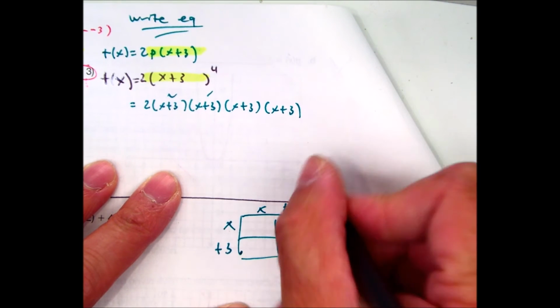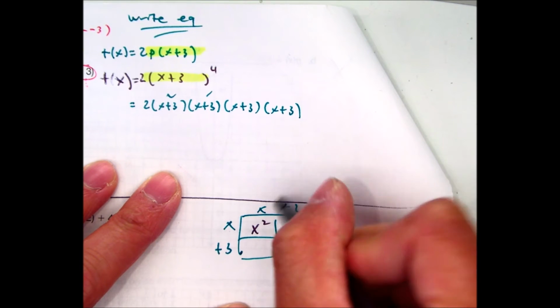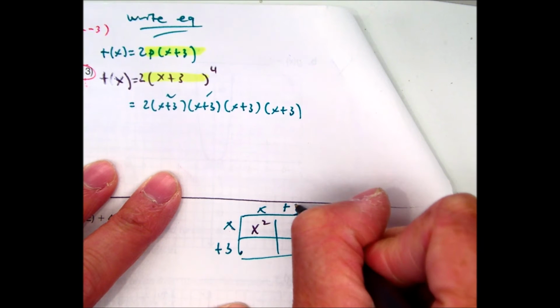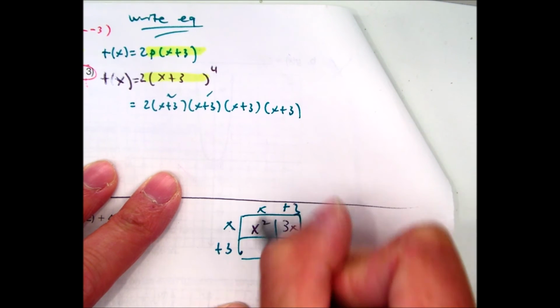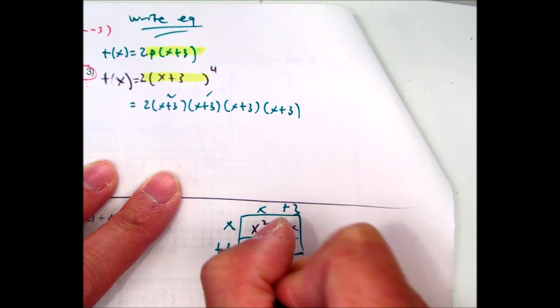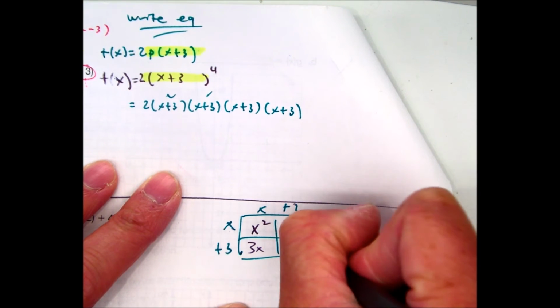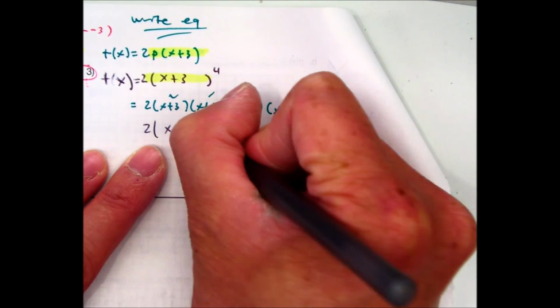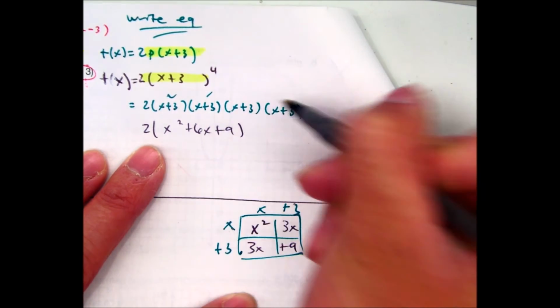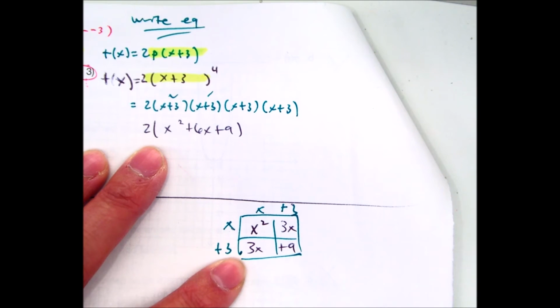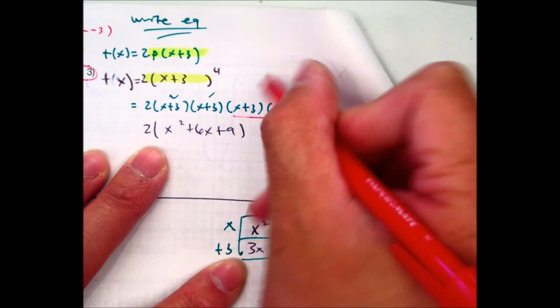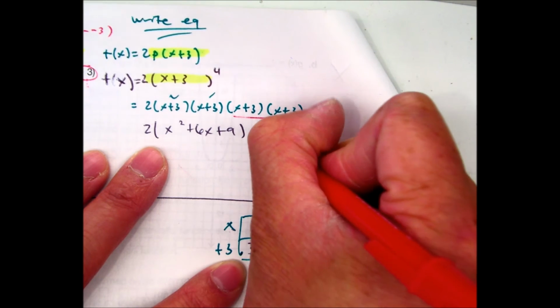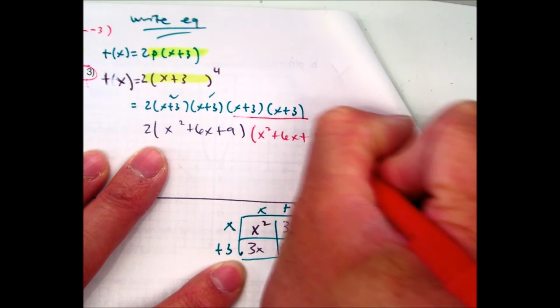Class, what's x times x? X times 3? X times 3? 3 times 3. Okay, so I get x squared plus 6x plus 9. And then these 2 over here that I haven't done, well, that's the same thing as over here, so I can just say it's x squared plus 6x plus 9.